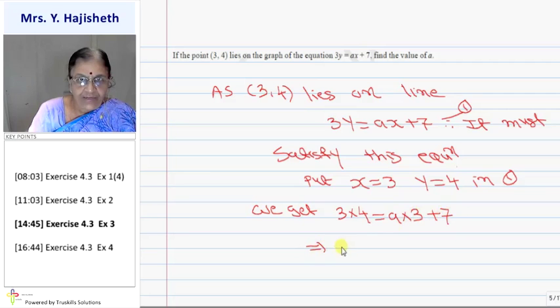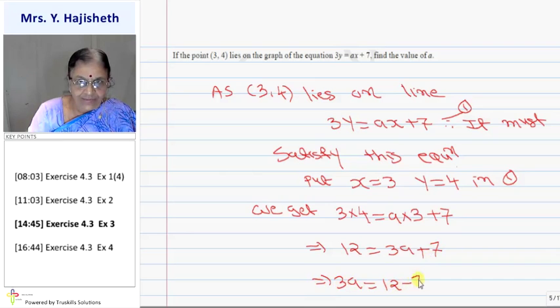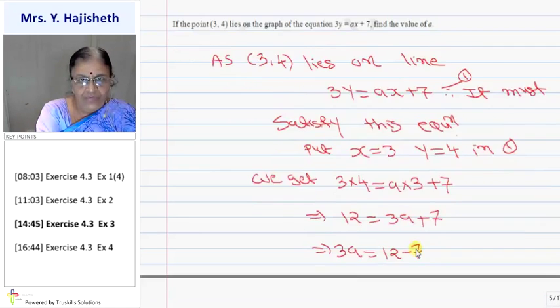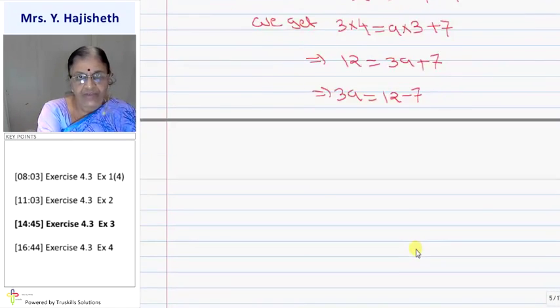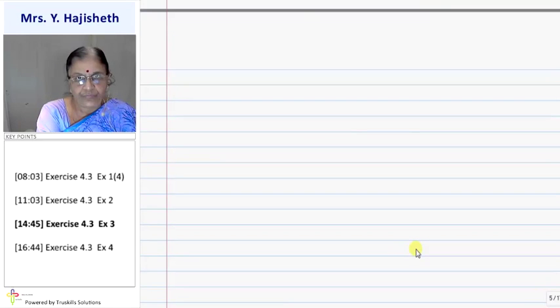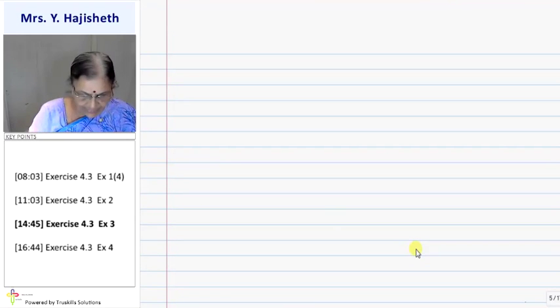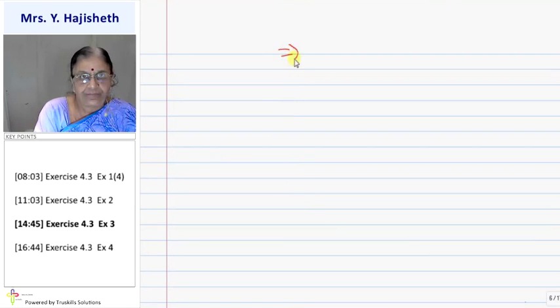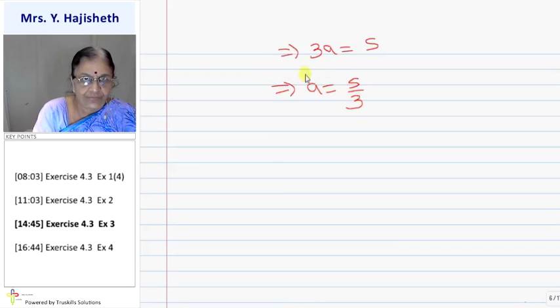So I will be getting 12 is equal to 3a plus 7. So my 3a will be 12 minus 7. So what we are going to get? 3a is equal to 12 minus 7 is 5. So it implies 3a is equal to 5. So that implies a is 5 by 3.